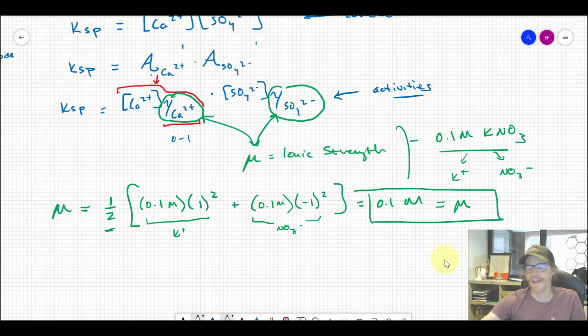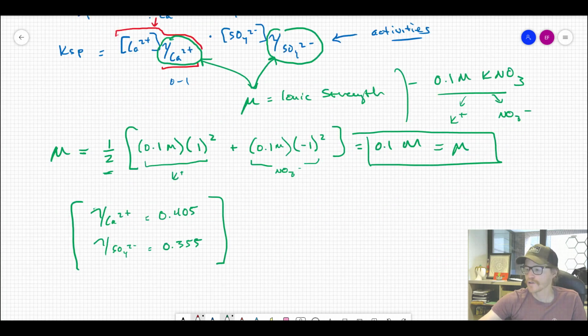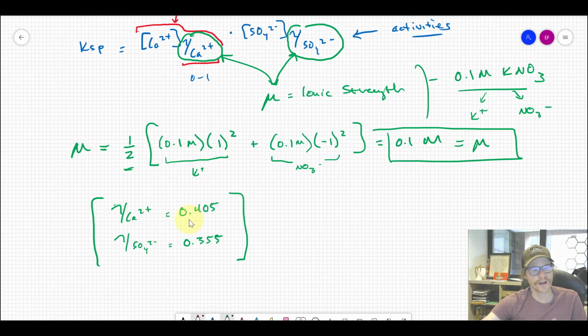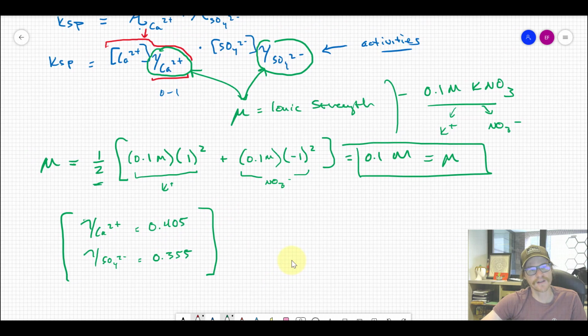Then that value, as the Chapter 8 video will show you, will feed in to compute the activity coefficients for both of these. It will adjust the apparent concentrations, and from that we'll be able to compute our actual equilibrium concentration. So computed, those two activity coefficients are 0.405 for calcium and 0.355 for sulfate.